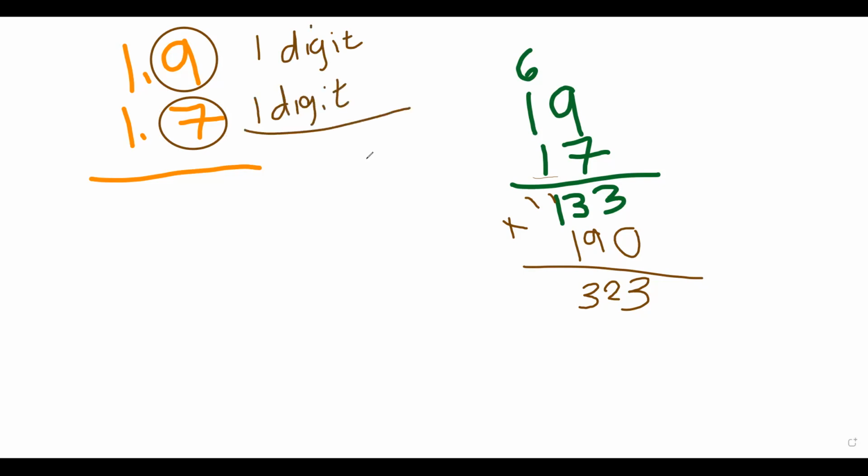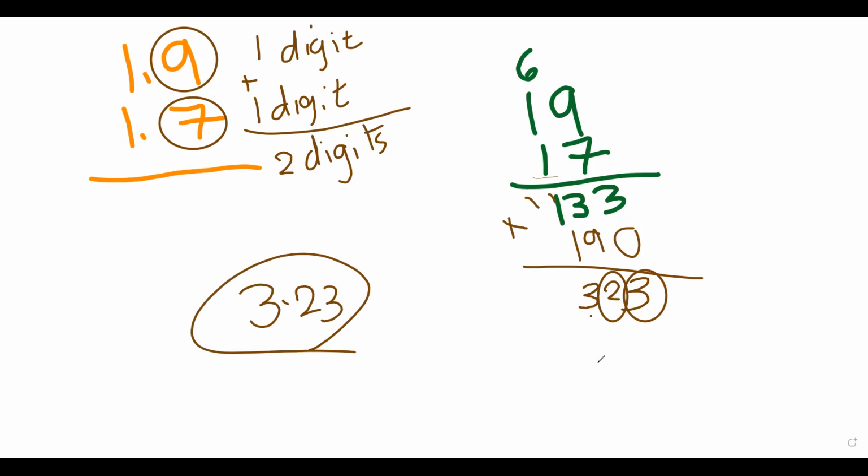Add them together. 1 plus 1, we have 2 digits. Then we will count 2 digits from the right, 1, 2. So it's going to be 3.23. That's it. Is it clear, girls? Yes, that's all.